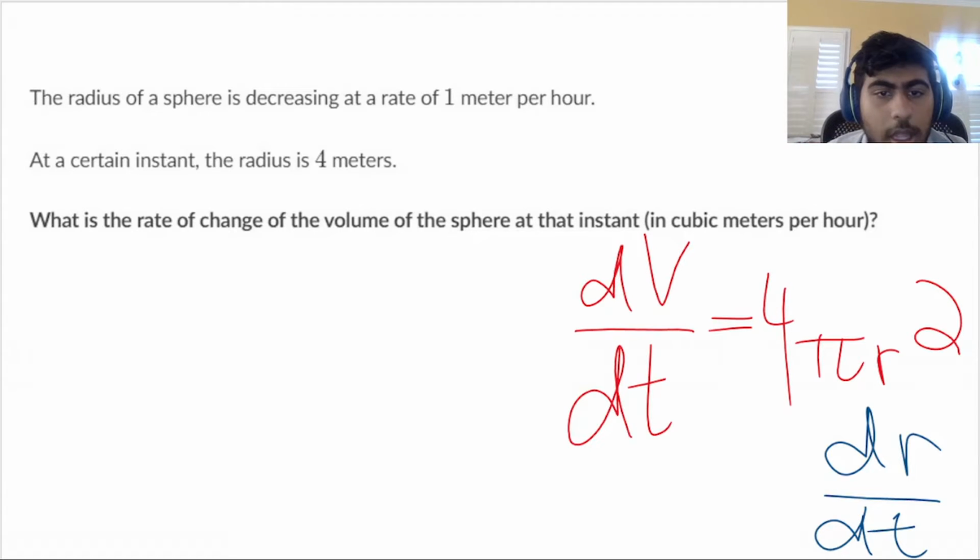Now we have to see what we can do. So dV/dt is equivalent to 4 pi r squared times dr/dt. And we're asked to find the rate of change of the volume of the sphere, or dV/dt, at that one instant that they're giving us.